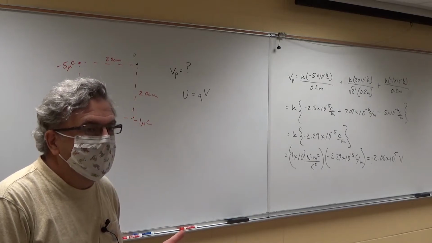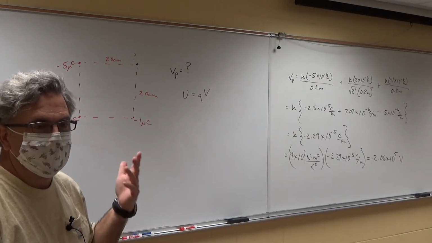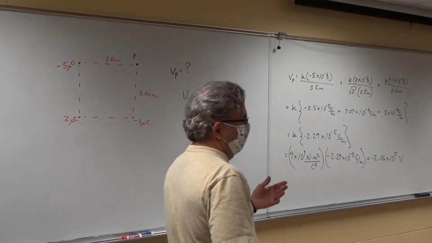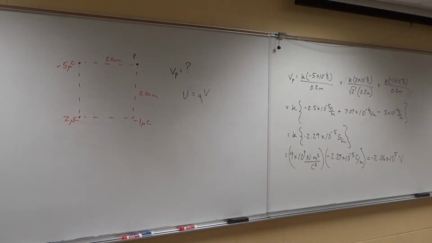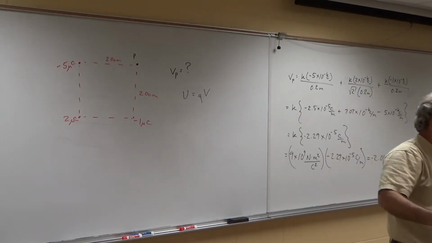This is the tricky part about electric potentials and electric potential energies. In gravitational potential energy, we didn't have to worry about negative and positive masses, like masses that would fly off the mountain. Okay? They always went downhill. They always went with the field naturally.